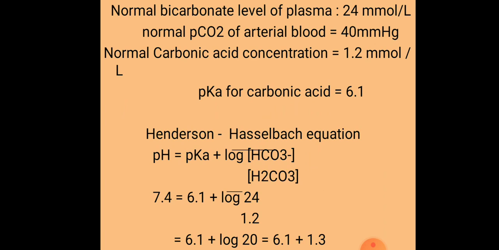The pKa for carbonic acid is 6.1. Applying the Henderson-Hasselbalch equation, pH is equal to pKa plus log bicarbonate by carbonic acid.